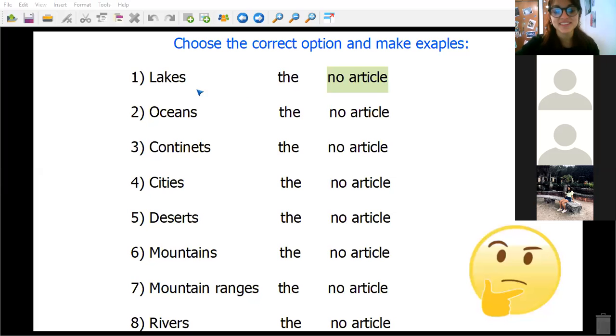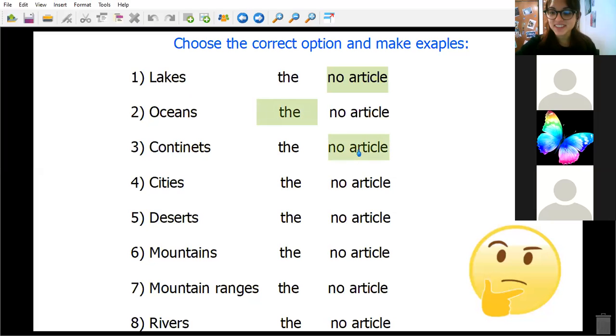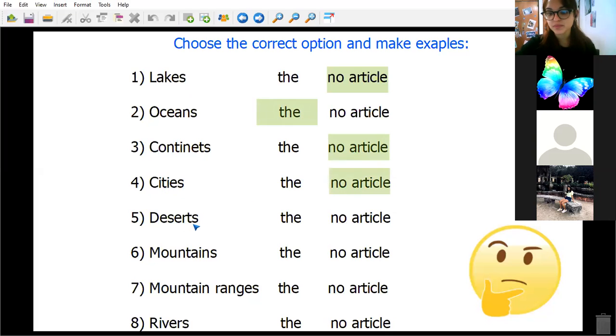Number 2, oceans. The. Correct. Well, here is a spelling mistake, but it says continents. No article. Good. Cities. No article. Oh, deserts. The or no article?